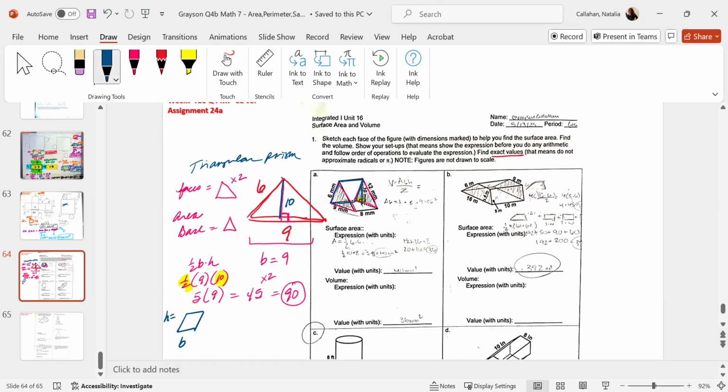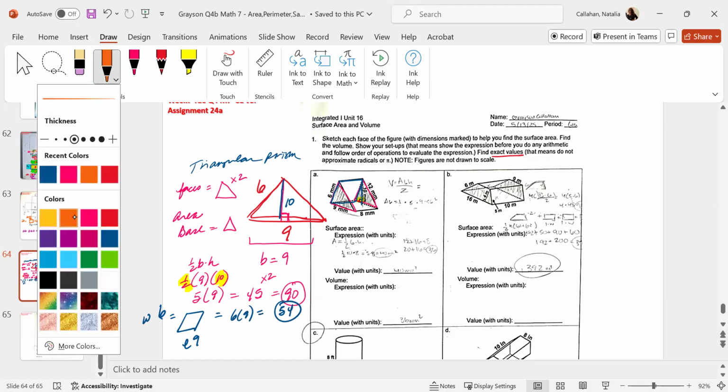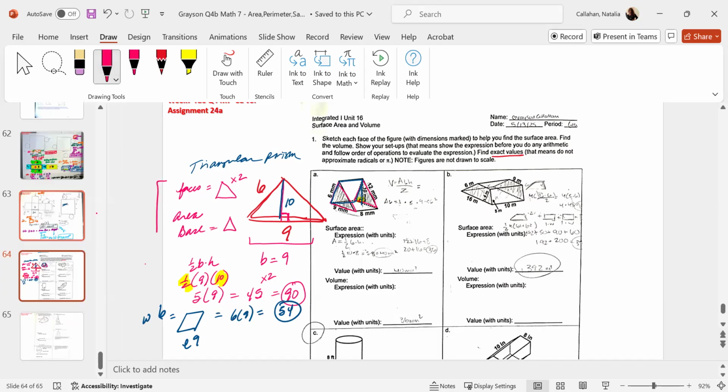8 here and 6. No, I think that's still going to be, it will be 6. Length, width. So the width is 6, 9. So that's going to be 6 times 9, which is 54, correct? That's the other face, right? So first thing you found was this part right here.